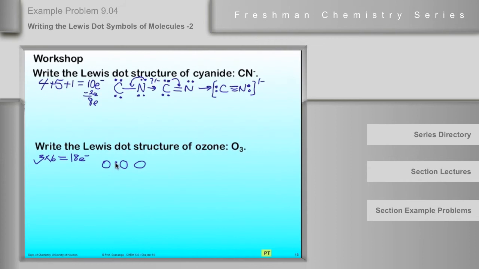All right, so we have our 3 oxygens. We'll draw a single bond between each set of them. So that's 4 electrons, and that leaves us 14 electrons. And so we'll start on the outside oxygens and put 6 around each one to make an octet.